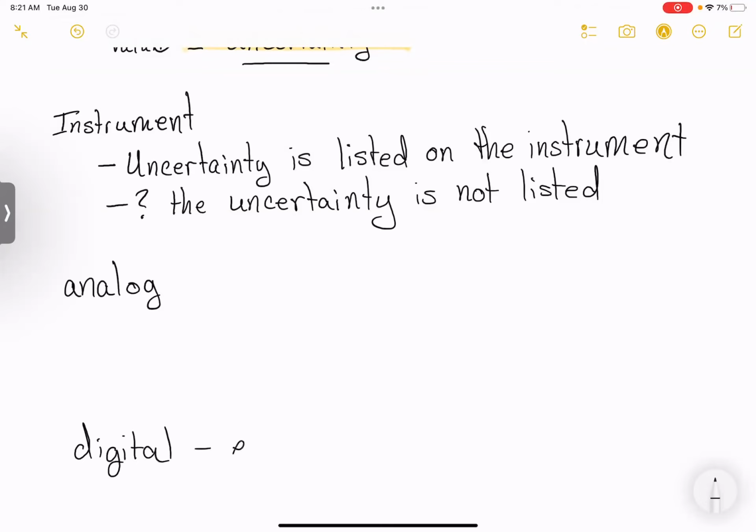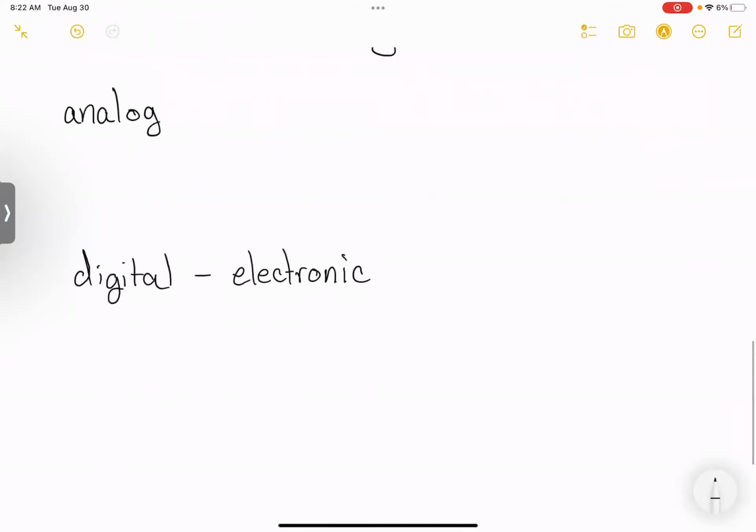Basically, with digital, we're talking an electronic device. I'm going to start with the electronic device because it's easier than the analog device. Let's say I have my balance here, and it reads 1.236.